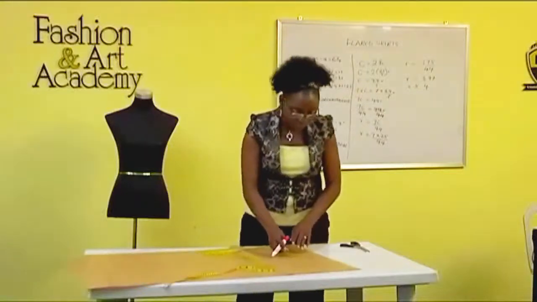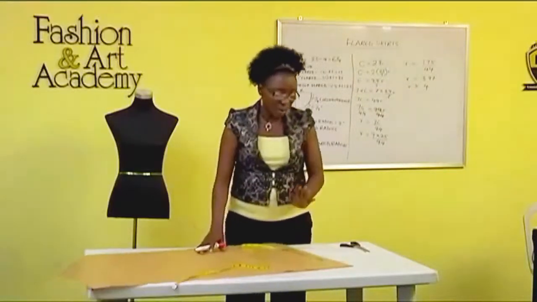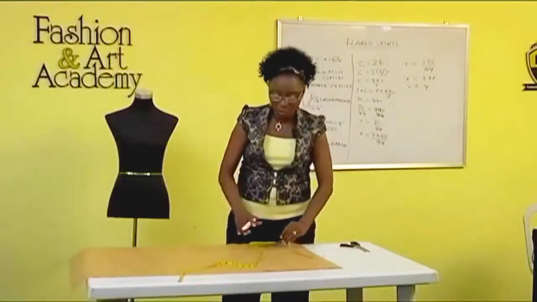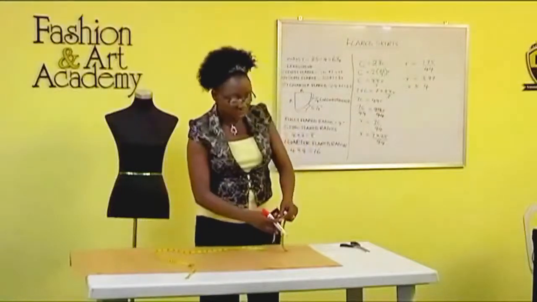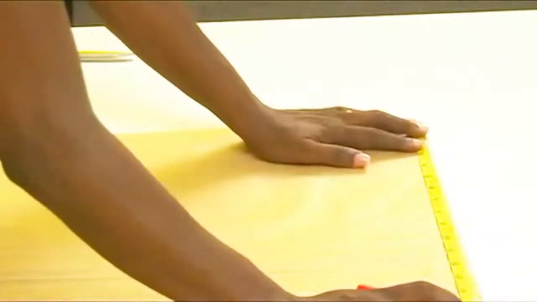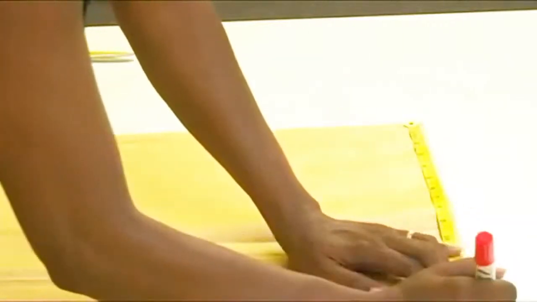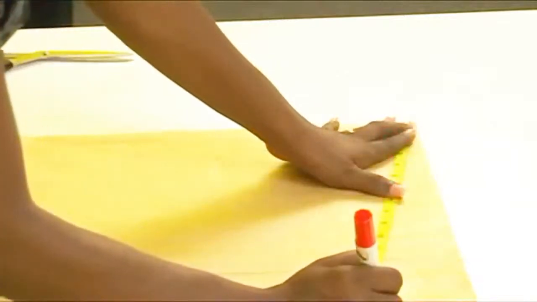Now I want to measure out my quarter flared radius. That is 16 inches. So what I need to do is just mark out 16 inches here. Same way I did the others, just mark it out, 16 inches like that.